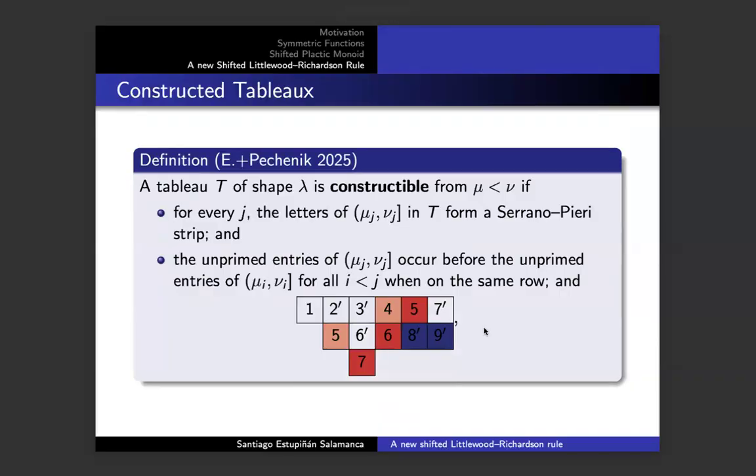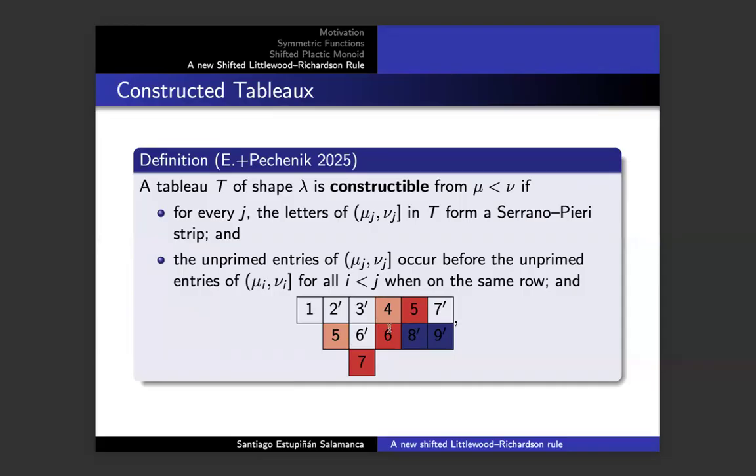And then, given strict partitions lambda, mu, and nu, I say that the tableau is constructible if I can partition the tableau into Serrano-Pierre strips, and whenever I have two Serrano-Pierre strips, so for example, in this case, I have the Serrano-Pierre strip consisting of the red entries and the blue entries, and I have a second Serrano-Pierre strip consisting of light red entries.